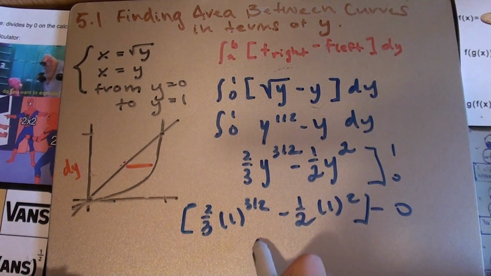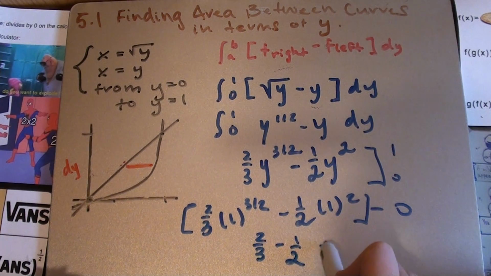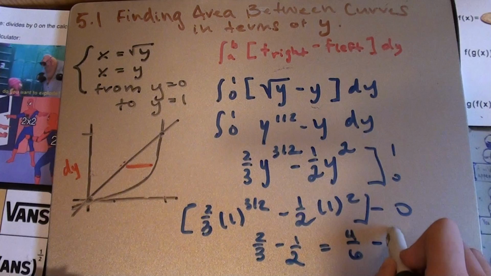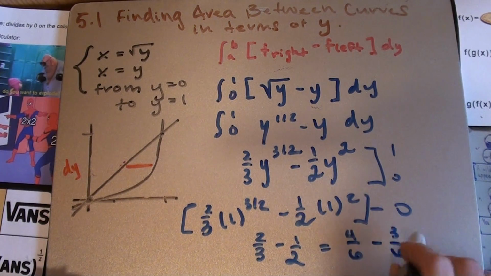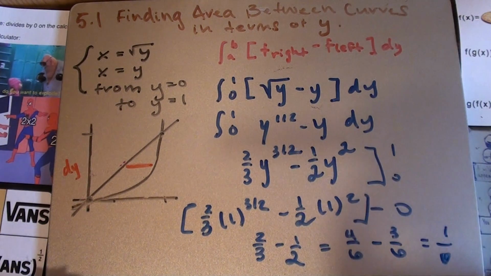So all we're left with is 2/3 minus 1/2, which is the same thing as 4/6 minus 3/6. So all we're left with is a grand total of 1/6 for our area of this banana peel shape between these two curves when we take our area using integration in terms of y.